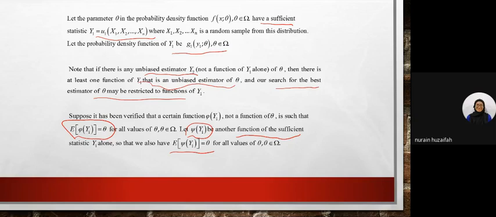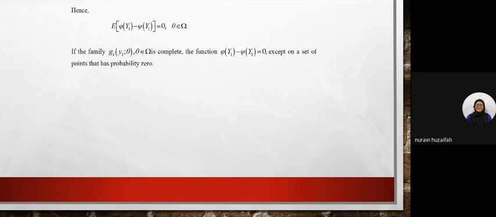So when both are unbiased estimators of theta, we can write expected value of phi(Y1) minus psi(Y1) equals 0. Expected value of phi(Y1) is theta, expected value of psi(Y1) is also theta, so theta minus theta gives 0.